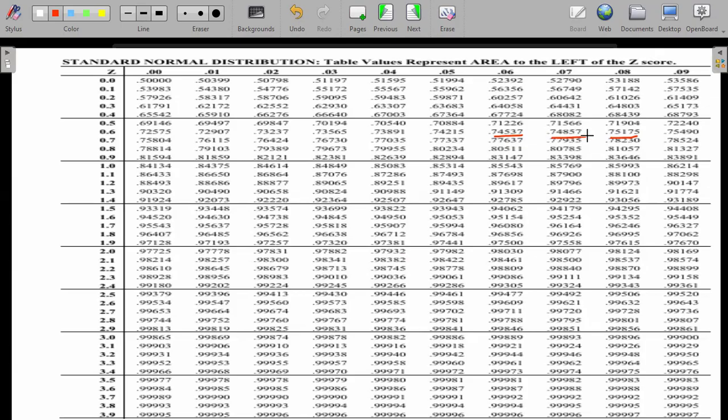Or we can just count the units, by how many units does it have to gain or lose for you to have 0.75? So you can get your calculator and try to subtract. So if I look at this one, if I do 0.75 minus that number there, which is 0.74857, I'm getting 0.00143.